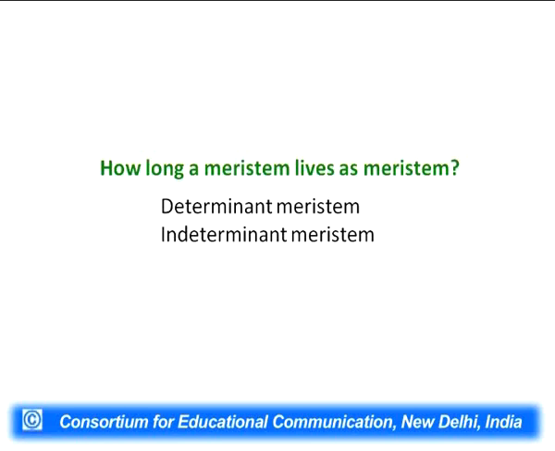So, this is what the meristems are. They are highly compact, they divide continuously, or are capable of dividing, and they differentiate and give rise to many different kinds of organs. Now, one very important question one may ask is how long a meristem divides, and when should a meristem stop dividing, or do they really stop dividing at all?